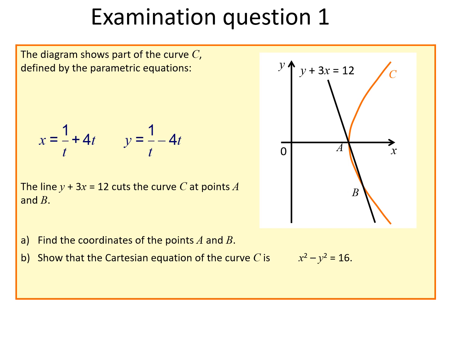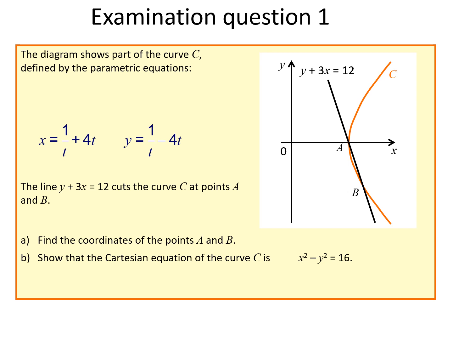Pause now. Okay, unpaused. The diagram shows the curve C defined by the parametric equations. The line cuts the curve C at points A and B. Find the coordinates of A and B. Show the Cartesian equation of the curve is that.